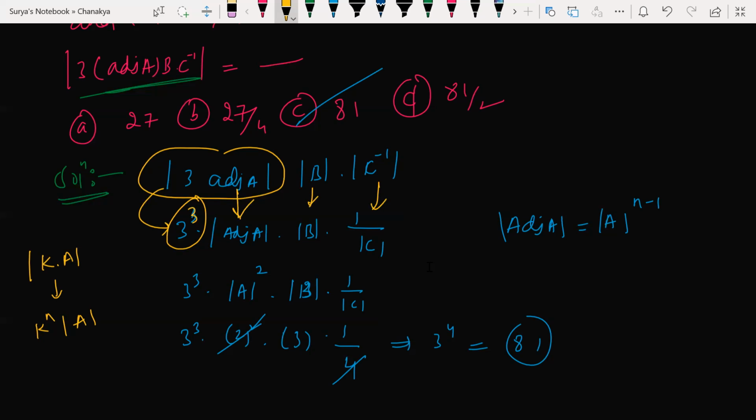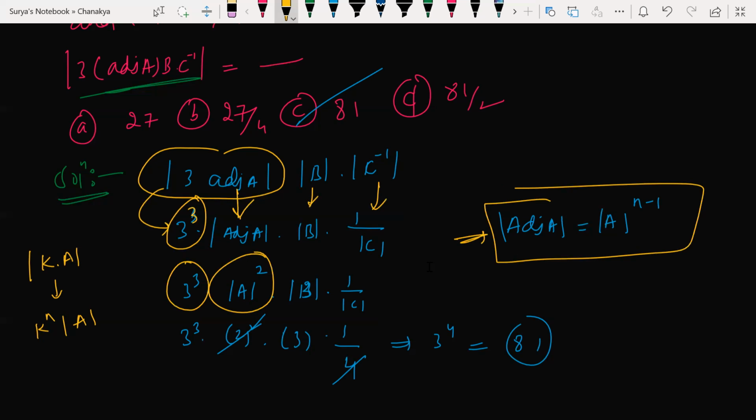The adjoint of A, as per the formula, can be written as determinant of A to the power of n minus 1. So that became determinant of A to the power of 2. This as it is. Now everything became 81. That's it. Clear? Any doubts?